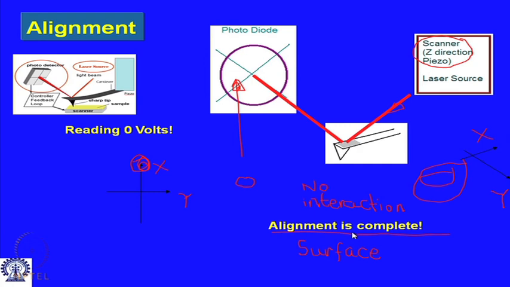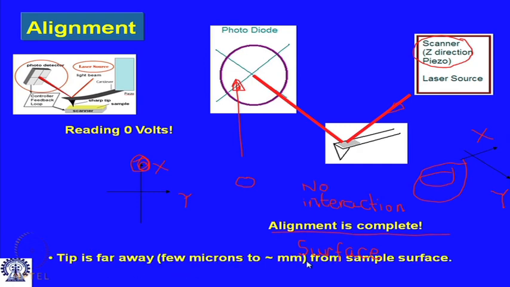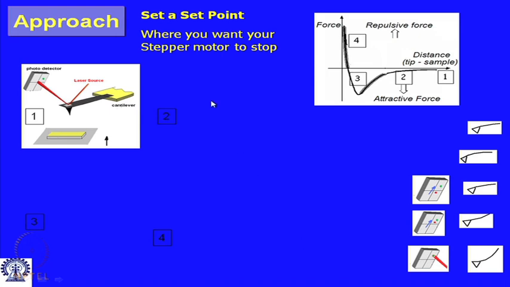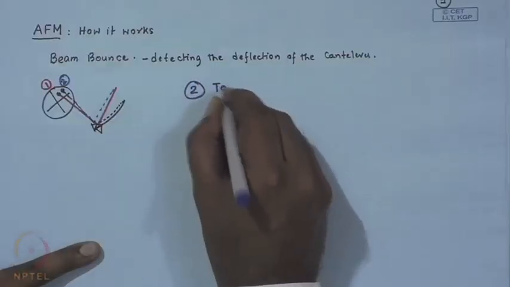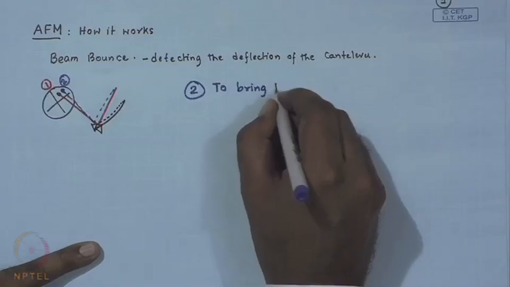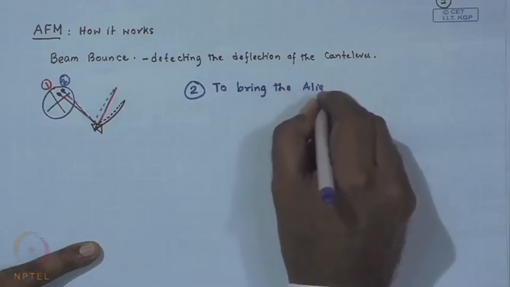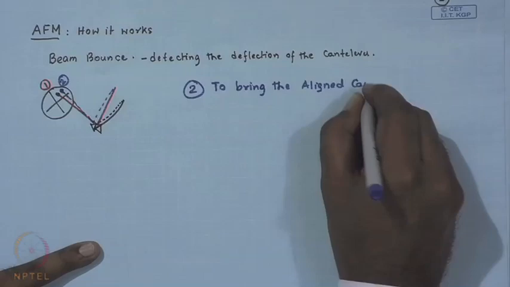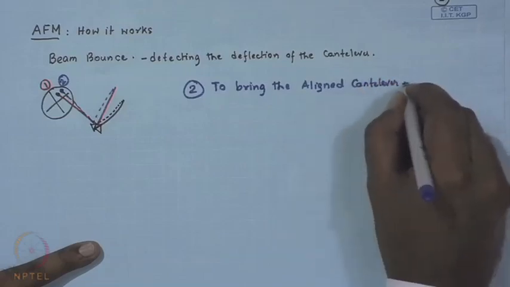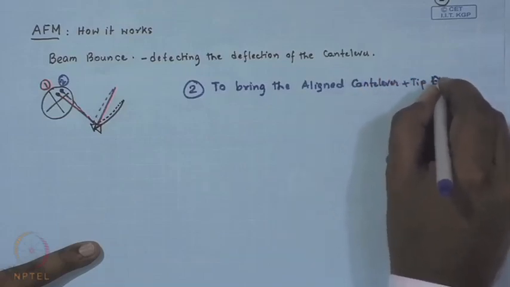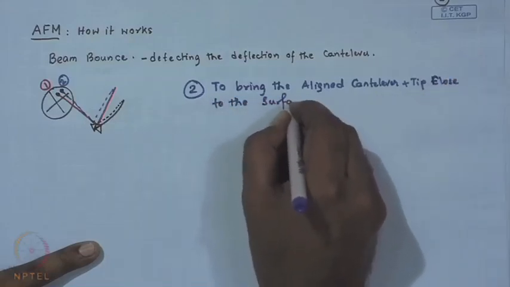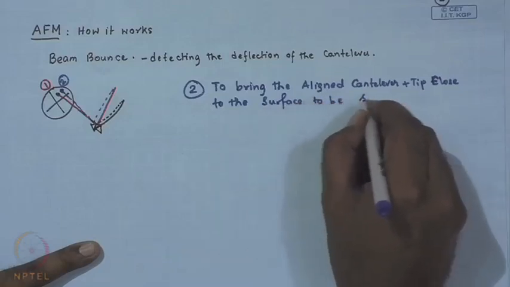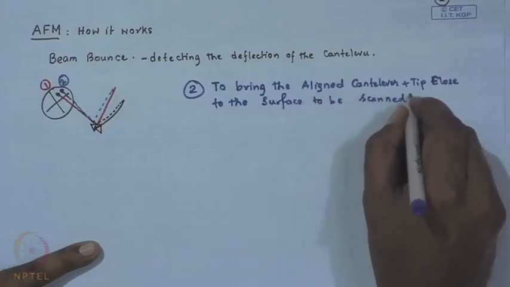So the tip is far away, a few microns to a few millimeters from the sample surface, and the next step is stage 2: to bring the aligned cantilever probe close to the surface to be scanned or investigated.